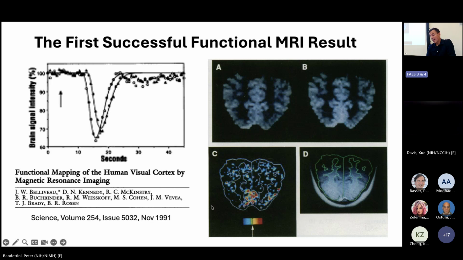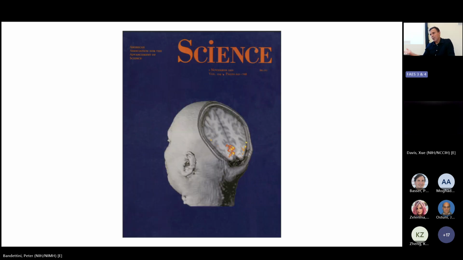Everyone was incredibly excited, but as I like to say, even before the ink on the Science article dried, his colleague Ken Kwong came along and demonstrated that you don't even need contrast agents. It turns out that blood is very much like gadolinium, in the sense that when it's deoxygenated, it has free electrons, and that causes magnetic field distortions around red blood cells or red blood vessels.